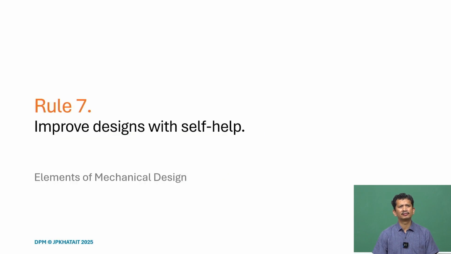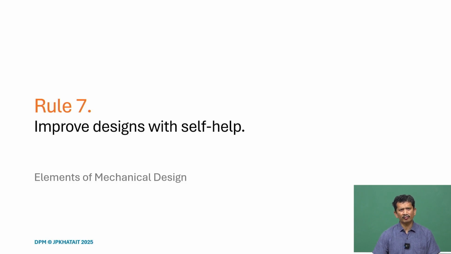So, the next design rule or principle, what we can say is improve designs with self help, and earlier I mentioned this is what I generally refer to as mechanical intelligence. So, we can do a lot of things at the design stage, at the conceptual stage, which will help.